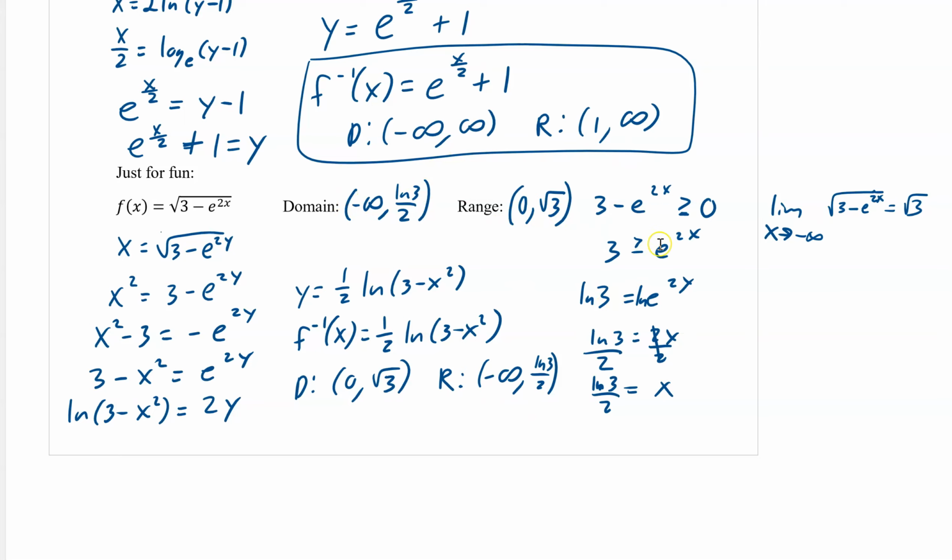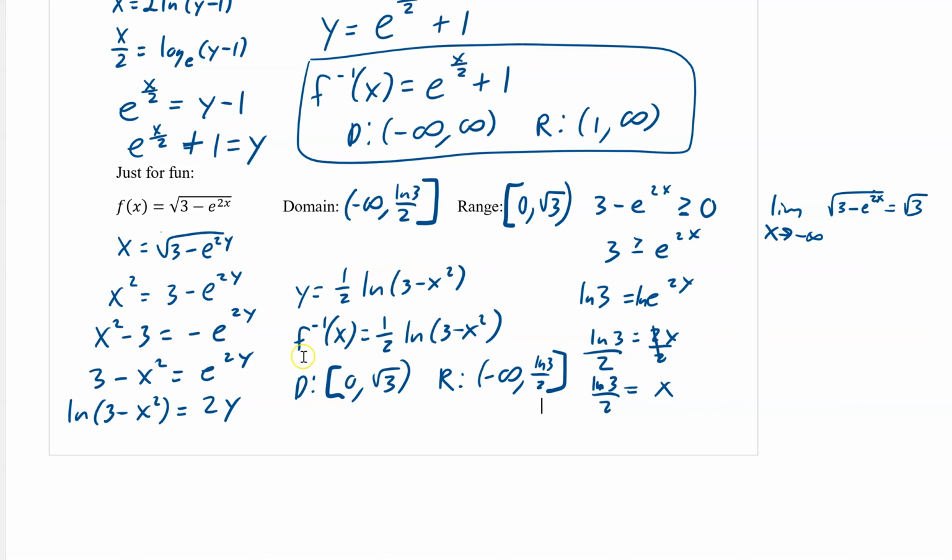So we had greater than or equal to here, which means that ln of 3 over 2 is actually, let's erase this, a bracket. And that y value, which was 0 that corresponded to it, is also a bracket. And then if you come down here, that same situation would happen. Then that would become a bracket, and that would become a bracket.